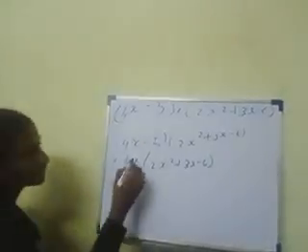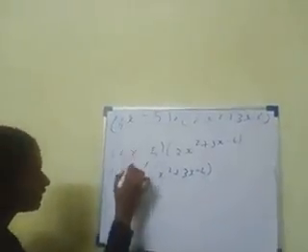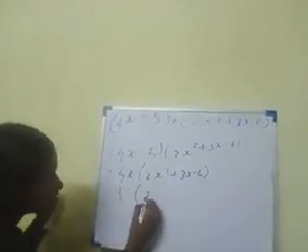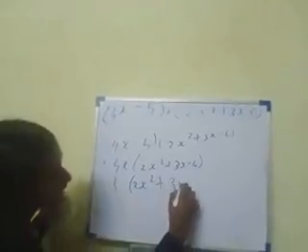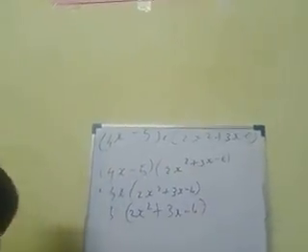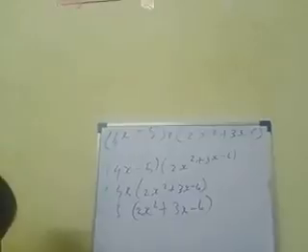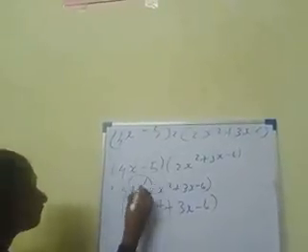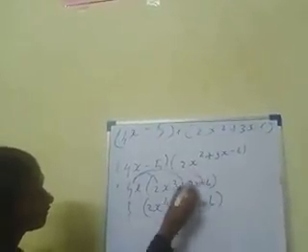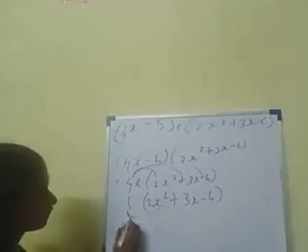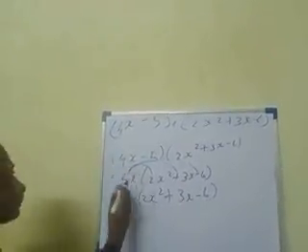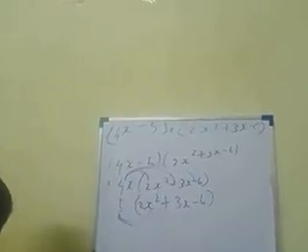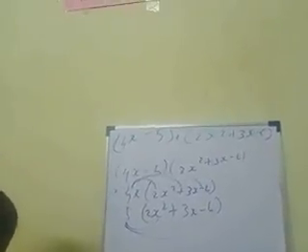We multiply term by term, and the 5 is there as well, with 2x², 3x and minus 6 like this. Like this we multiply with 4x and 5. Let's start the multiplication here.